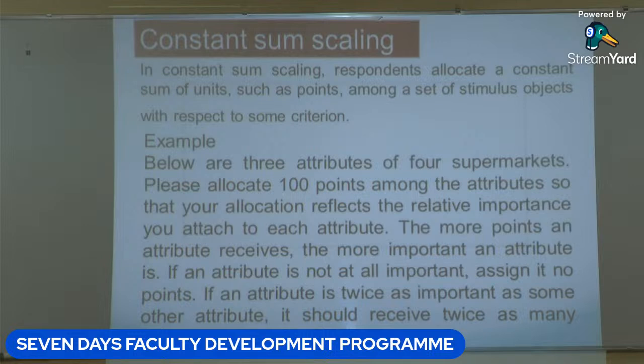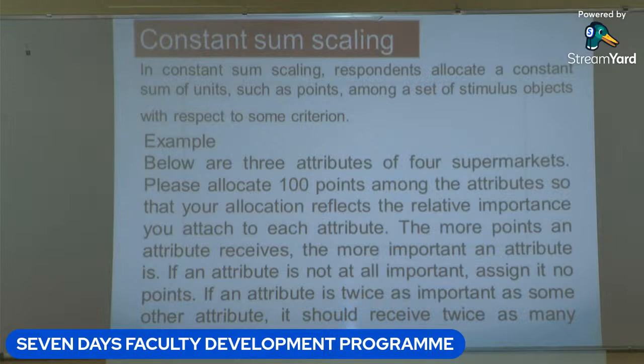So they have to assign, like when you give your car to a service station, they will finally give you an opinion form, a feedback form, in which probably you have a 0 to 100 scale. Similarly, here it is related to the attributes of the supermarkets.